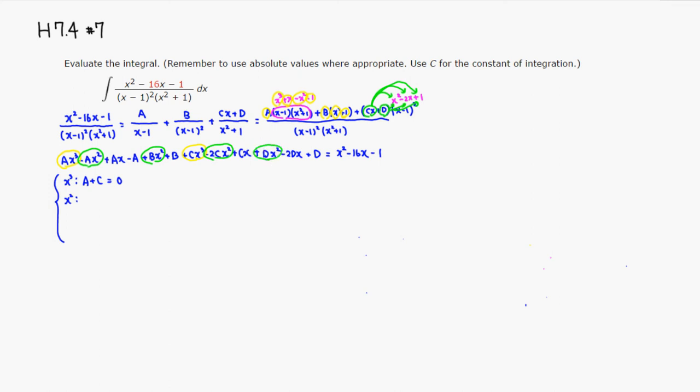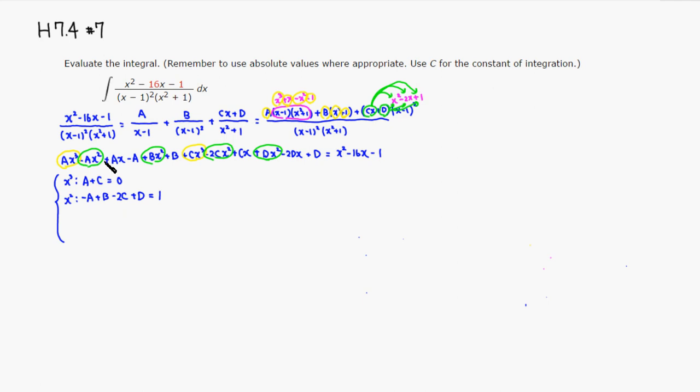So we can add the coefficients: negative a plus b minus 2c plus d. And this is going to be equal to the coefficient of x squared on the right, which is 1.